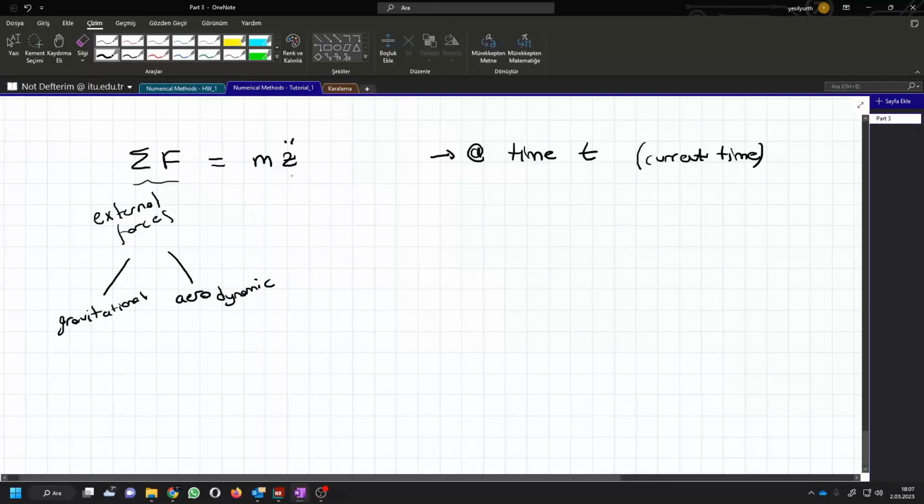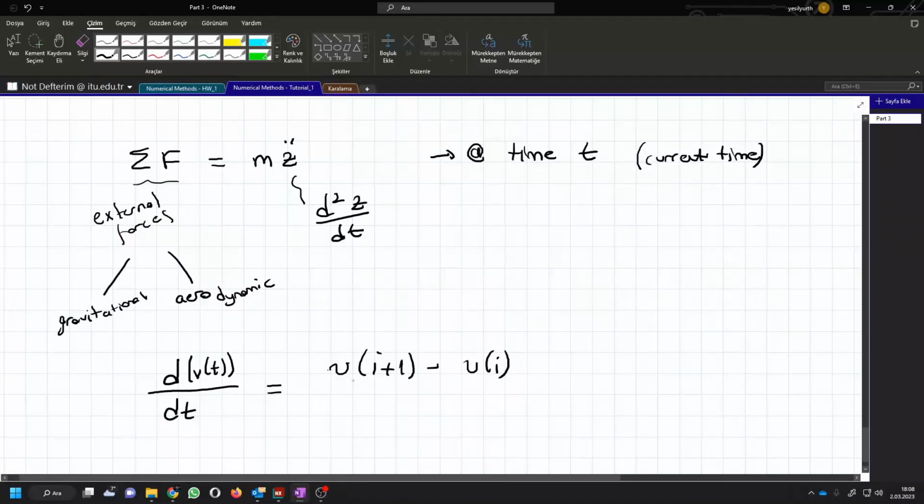So if I put here d square z over dt square, which is d over dt of dz over dt, in this equation, and use our previous expression for the Euler forward formula, I can write here like this: v(i plus 1) minus v(i) over delta t.